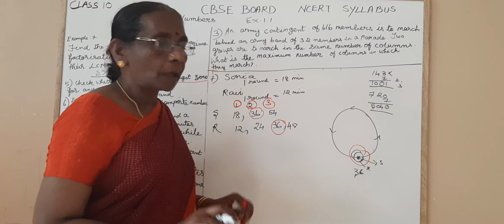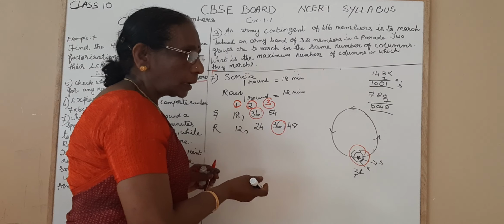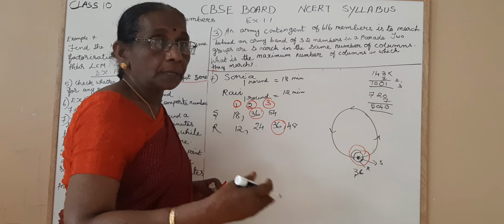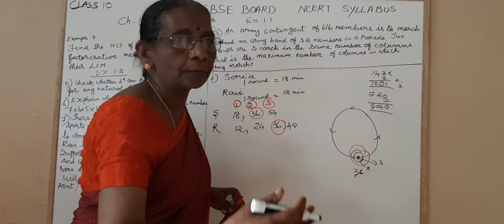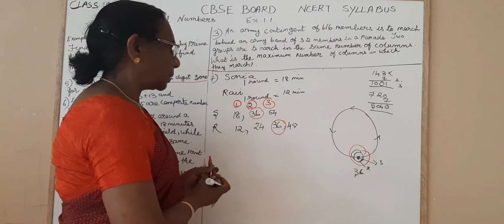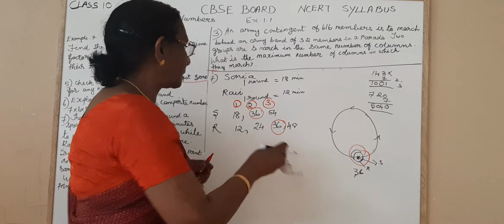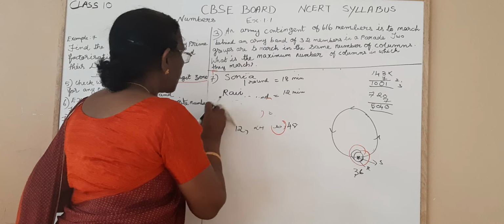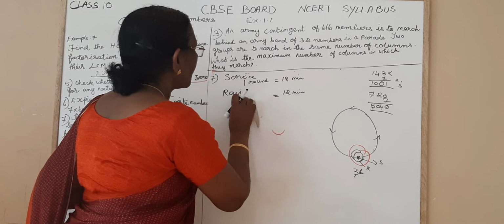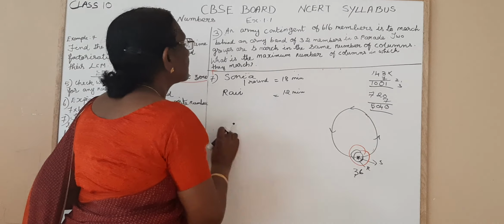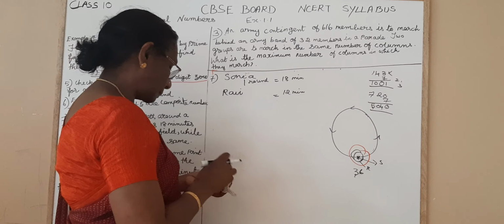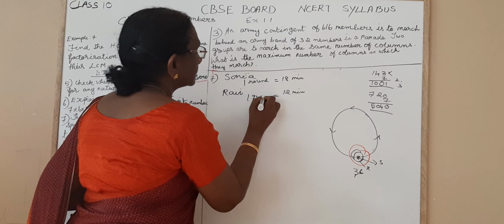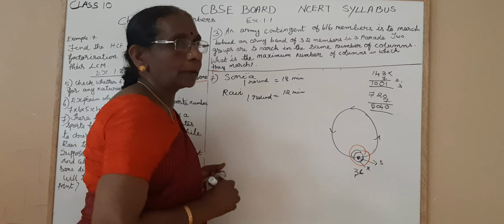Have you understood? And how are we getting the answer? The time is increasing by the multiples of 18 for Sonia. The time is increasing by the multiples of 12 for Ravi. Have you understood? So no need to write any steps for these things. So you write only what is given. It is given that for one round Sonia takes 18 minutes and for one round Ravi takes 12 minutes.